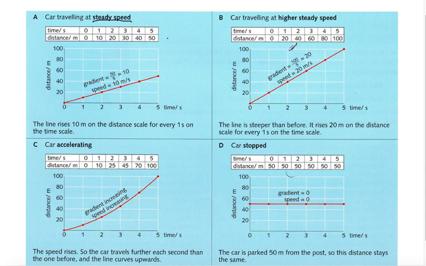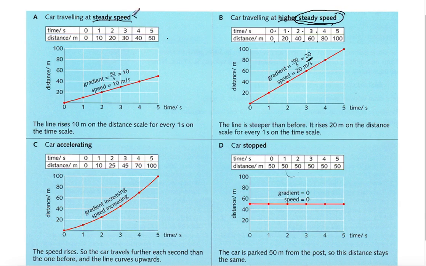Here it moves with higher steady speed. At 0 time, distance is 0. In 1 second it moves 20 meter. In 2 seconds it moves 40 meter. In 3 seconds it moves 60 meter. So the gradient is constant, so speed is constant.